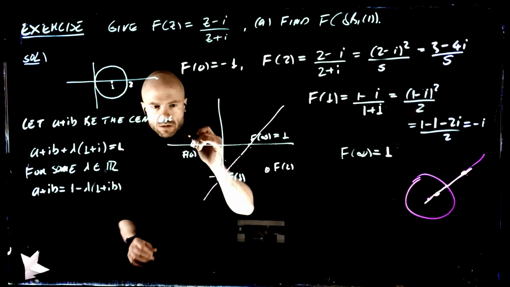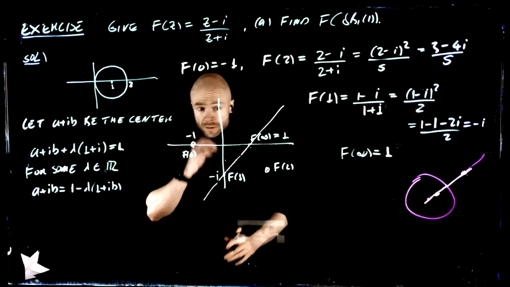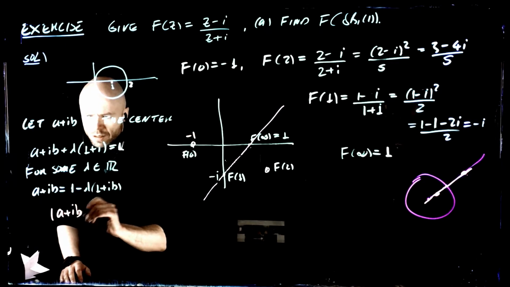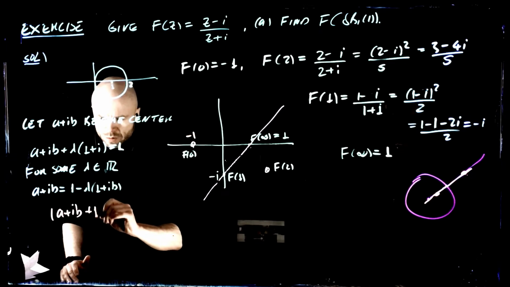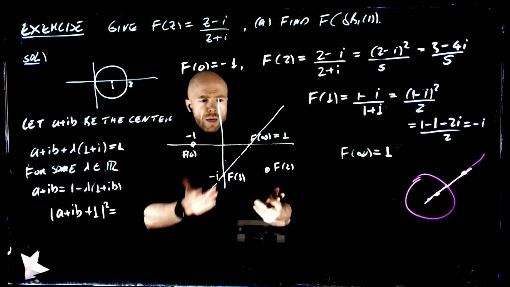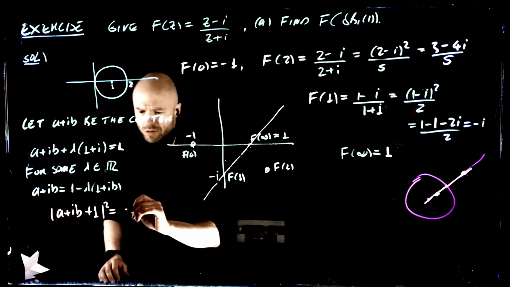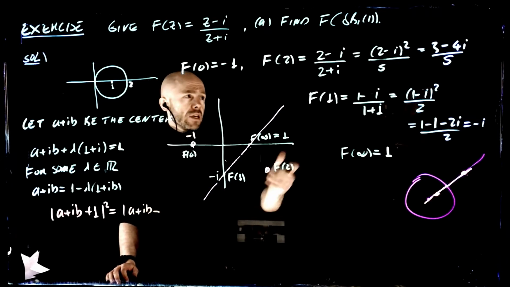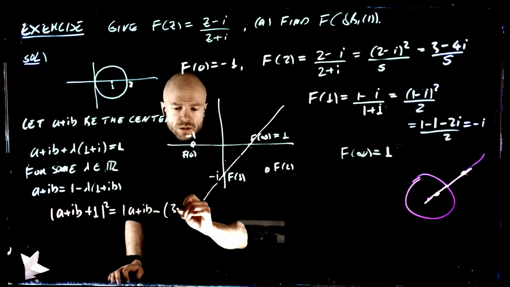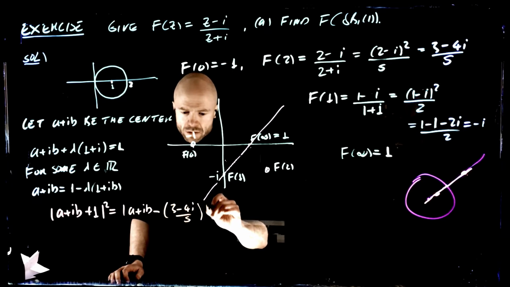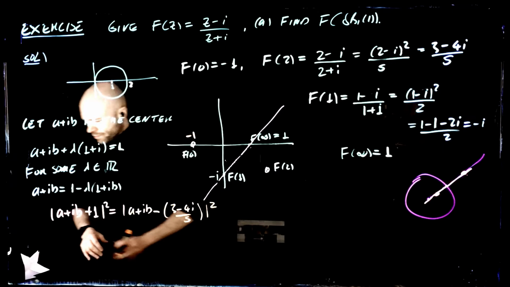All right, so we have to have that A plus IB minus minus 1, which is plus 1, squared, that's going to be the radius of the circle, is going to be the same as when we do A plus IB minus this point, which has coordinates like this, 3 minus 4I over 5, like this, right?